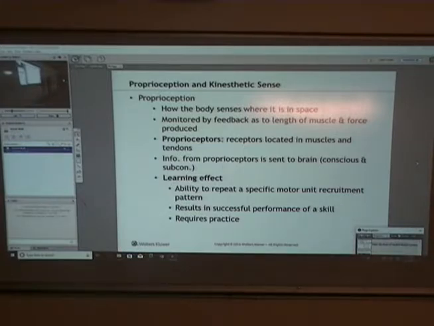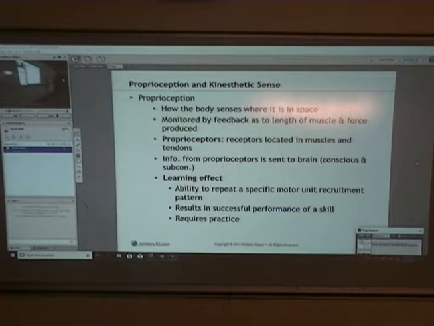Okay. And that information from those organs then is sent to the spinal column, and it can loop around in the spinal column as an involuntary response, so like a reflex action, or it can synapse with a sensory nerve that is going to carry information up to the brain, and so the brain gets information about what's happening in the muscle tissue.